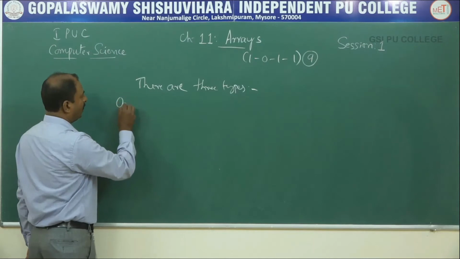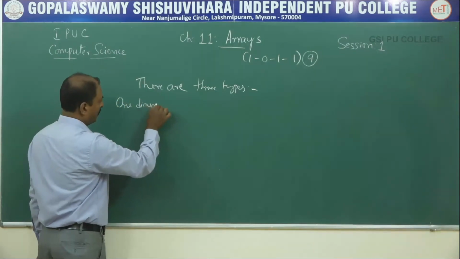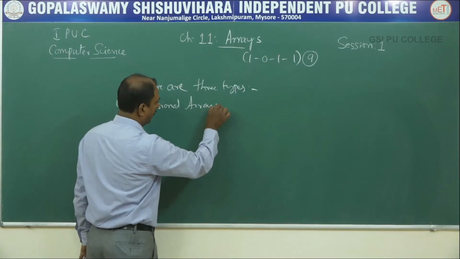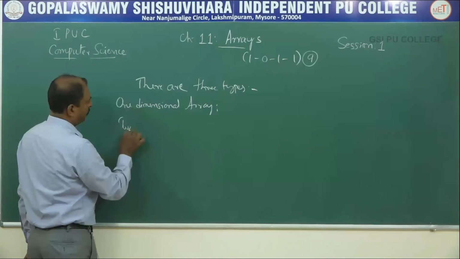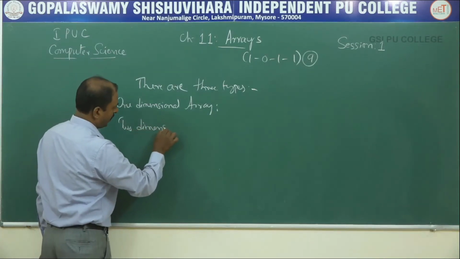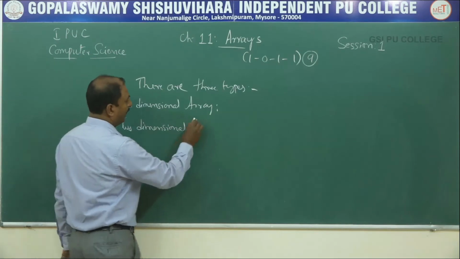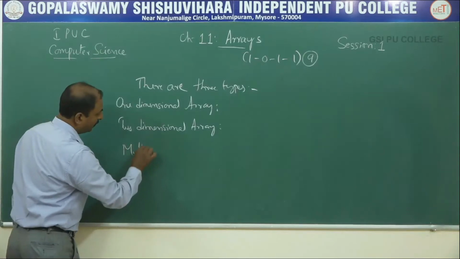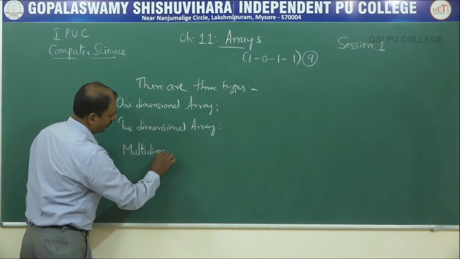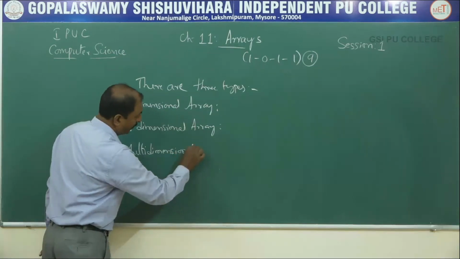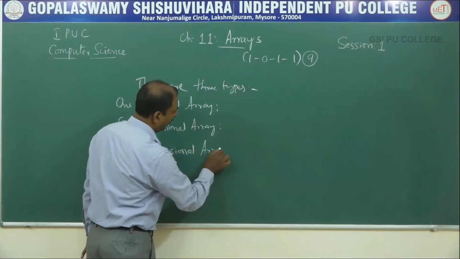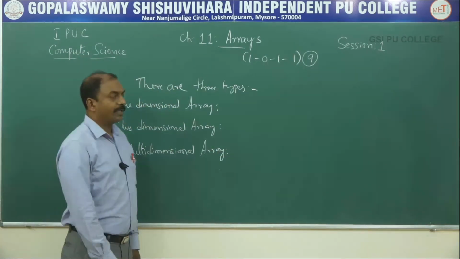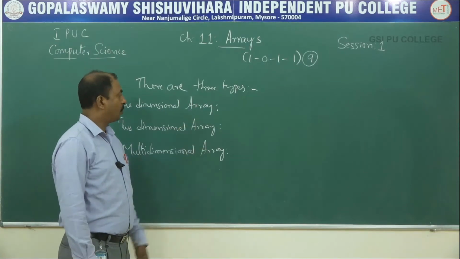They are one-dimensional array, two-dimensional array, and the next one is multi-dimensional array. So now let us see the definition of these 3 types of arrays.